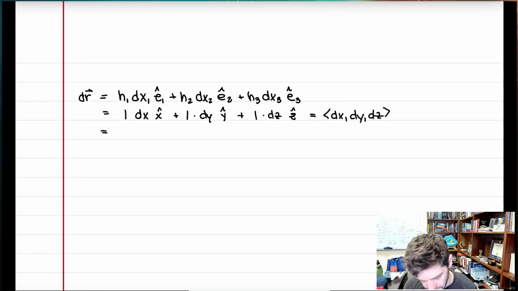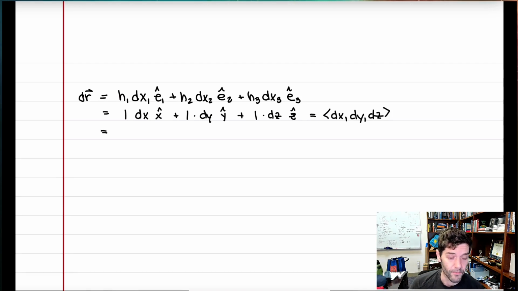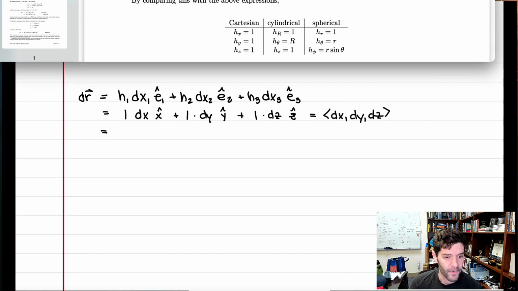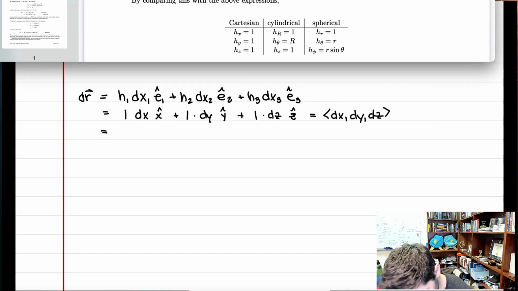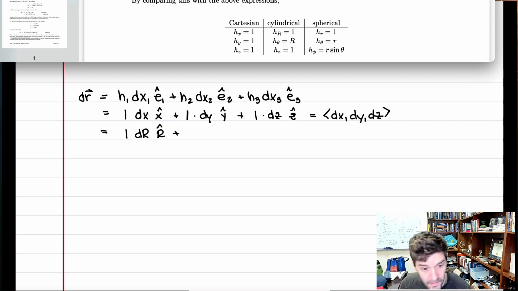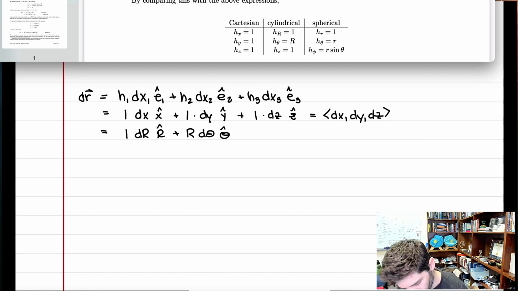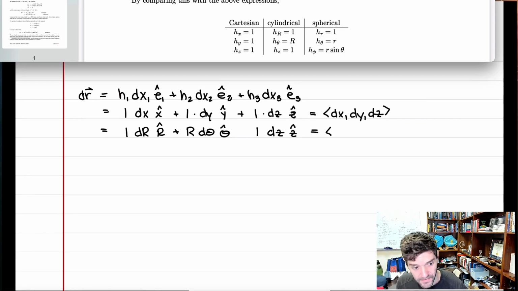In cylindrical, the radial scale factor was 1, so it's 1 times dr in the radial direction, plus now the scale factor is r d theta in the theta direction, and then 1 dz in the z direction. So this little position vector is dr, r d theta, dz.